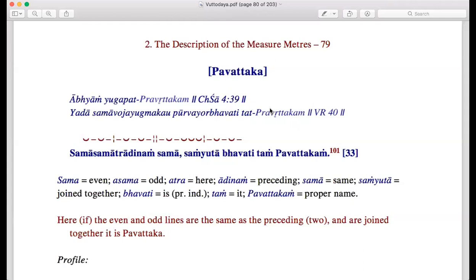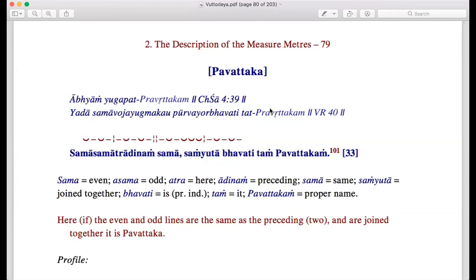No, we cannot connect like that. I missed atra; I should have used the word atra also. We can connect atra just at sama or sangyuta. In this verse they become equal, or in this verse they are joined together.